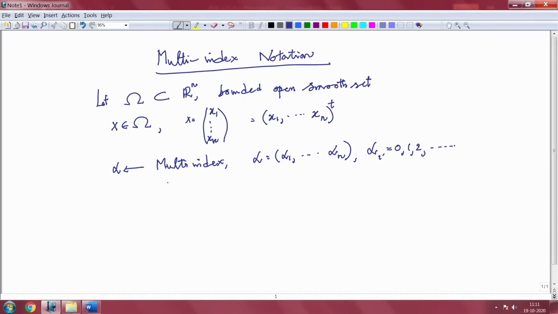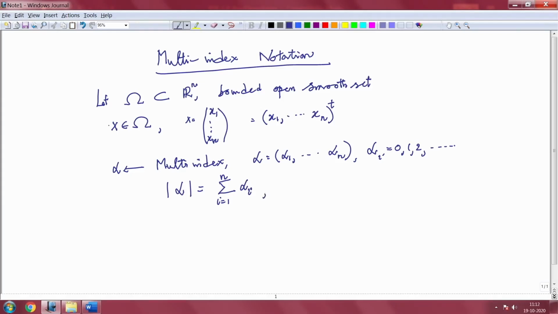With that we will define mod alpha, please keep this in mind, as the summation for i equal to 1 to n of alpha_i. This is to make your partial differential operator in a very convenient way.